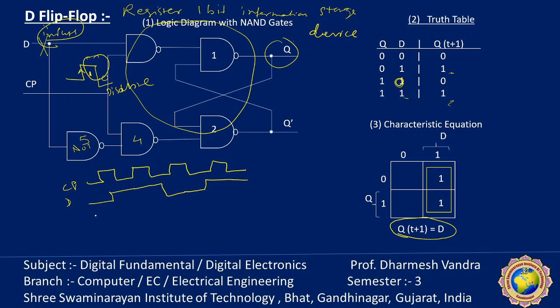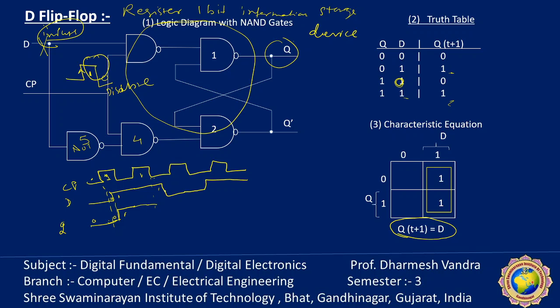Now what happens to the output Q? Suppose Q is 0 initially, and at this moment D is equal to 0, so obviously the output will be 0. But when D changes to 1 during the clock pulse, Qt plus 1 changes to 1. Again 1, it does not change.